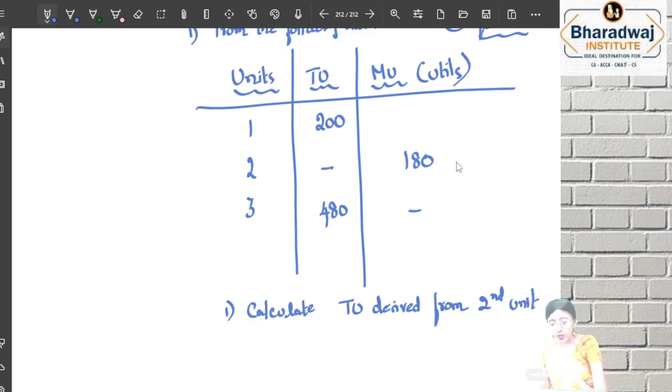Question 1. I told you, using the same data, I'll give you 2 things. Second: compute MU of the third unit.